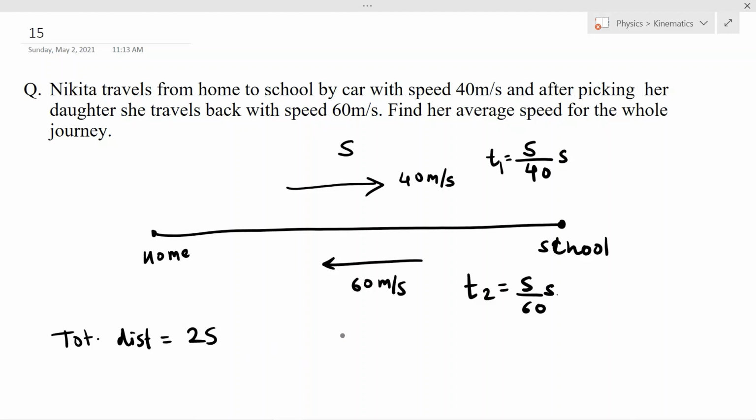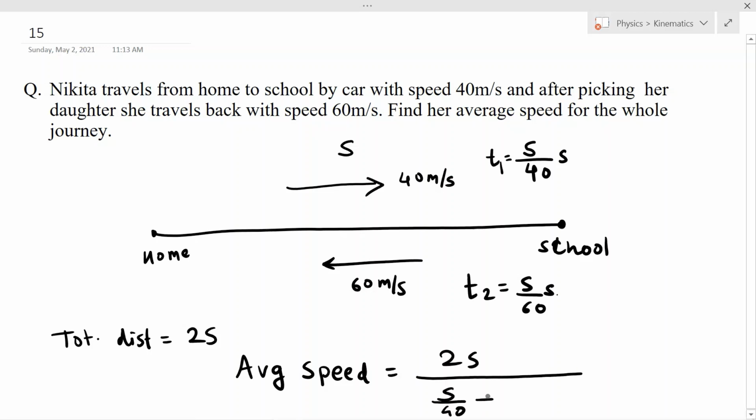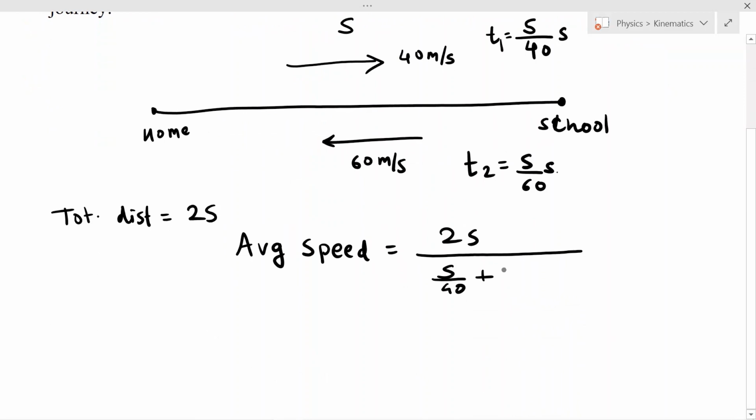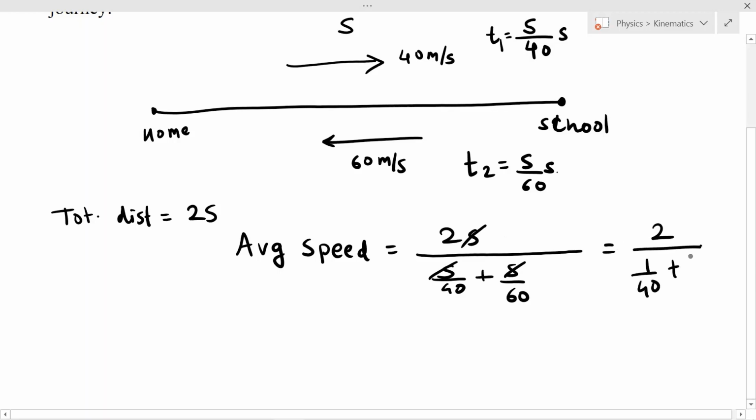So let's calculate the average speed. Average speed is 2s, that is the total distance, divided by the total time taken, that is s by 40 plus s by 60. So this s gets cancelled, and this becomes 2 divided by 1 by 40 plus 1 by 60 meter per second.